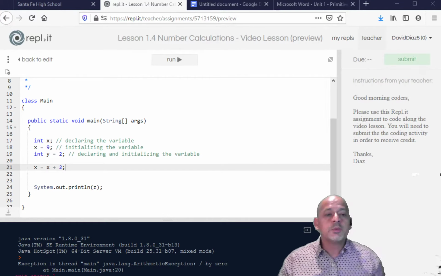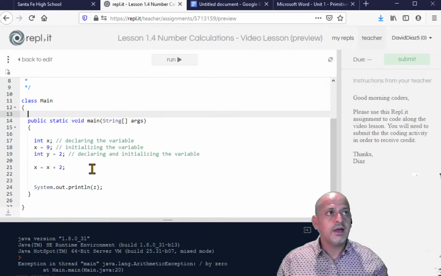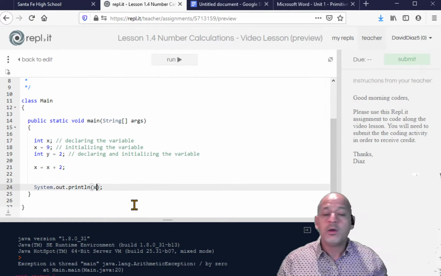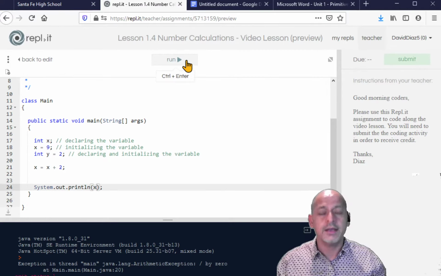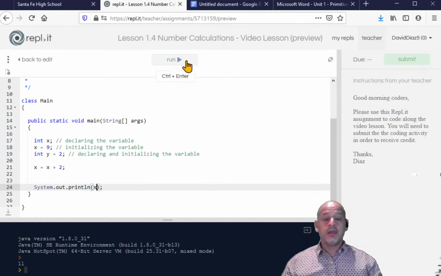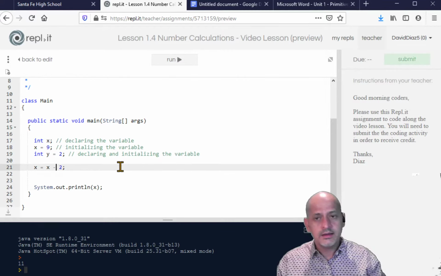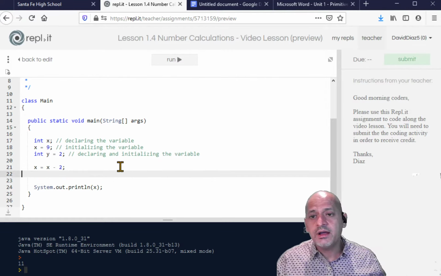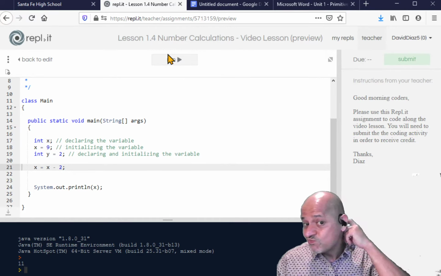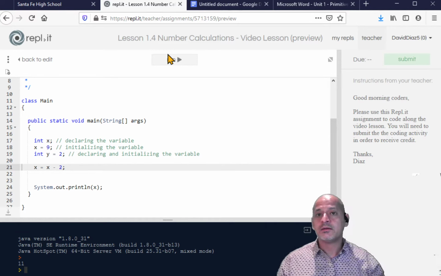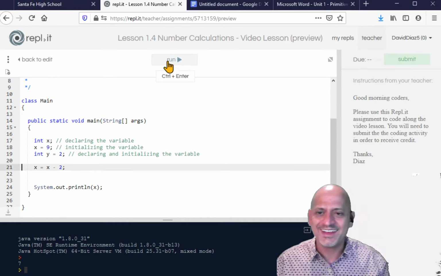So therefore, if I print x now, instead of z, what should be the value of x? The value of x should be 9. That is correct. Now, in Java, we can do minus, and if I do a minus 2, I'm going to get a 7, right?